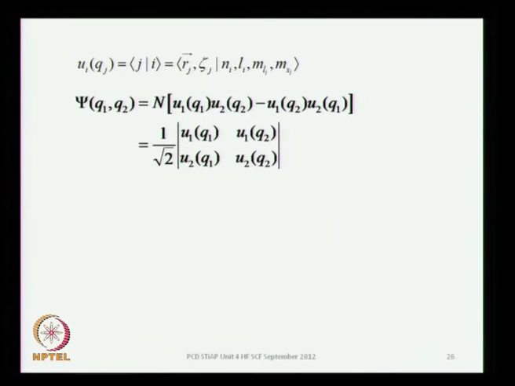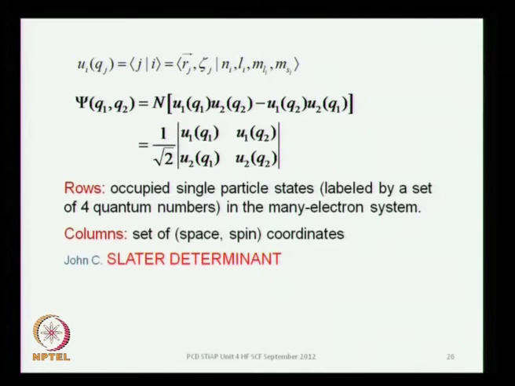So, you can easily write this as a determinant, and in this determinant the rows and columns are labeled by q1, the first column, the second column by q2, and these are the coordinates. Okay. The rows are labeled by the subscripts, this is subscript 1, this is subscript 2. Okay. So, the rows correspond to the set of 4 quantum numbers, which are the occupied states of the electrons.